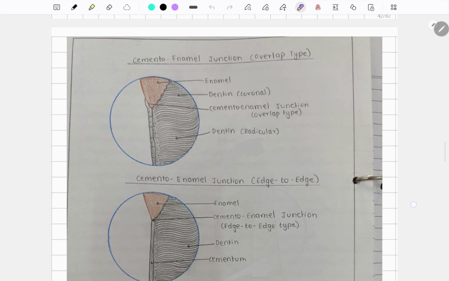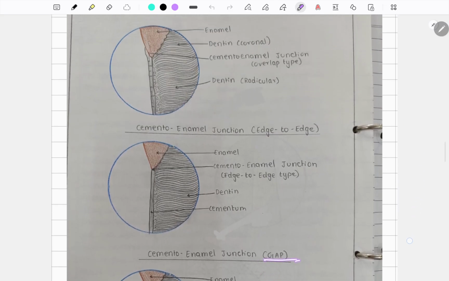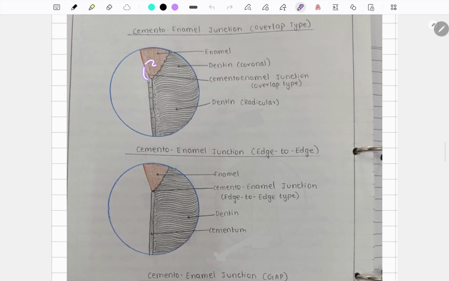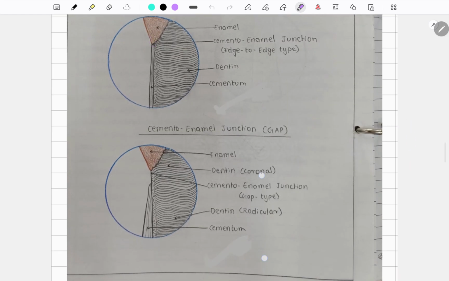Then there is cemento-enamel junction. These are of three types, that is overlap, edge to edge, and gap junction. The overlap junction will overlap the enamel which is present above it. The edge to edge will just touch the enamel which is present above it, and in the gap junction there will be a little bit exposed dentine, as cementum will start at some distance away from the enamel.